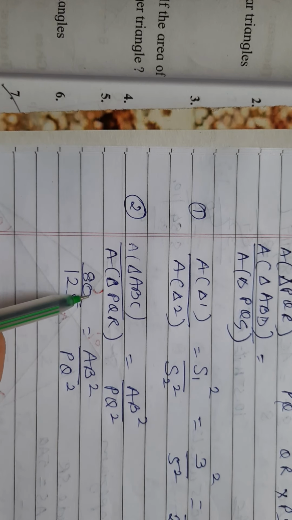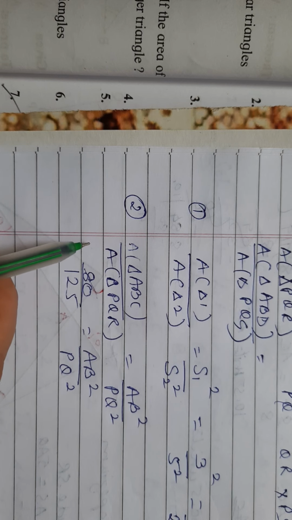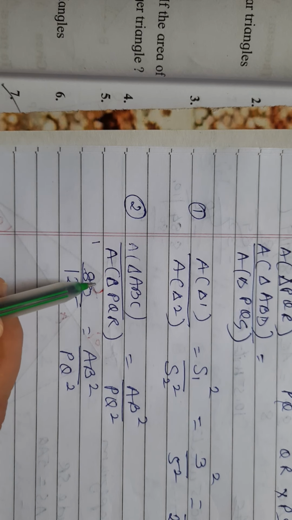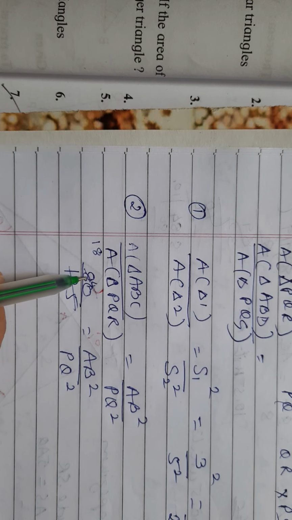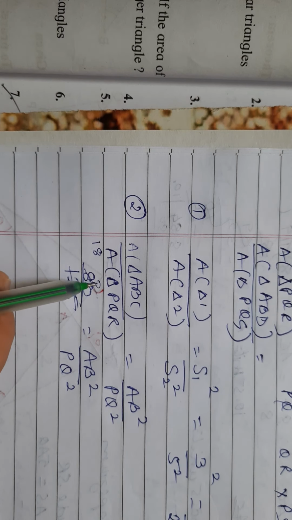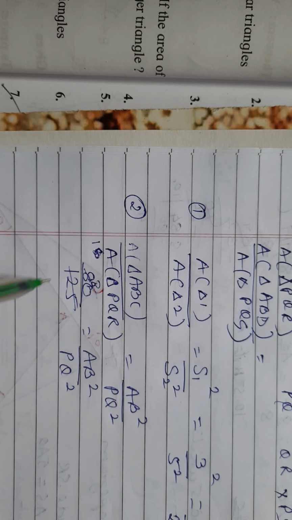We can divide this by 5. 5 1s are 5, 4 remaining, 5 8s are 40. So 30, 5 6s are 30, and 5 2s are 10 and 5 5s are 25.